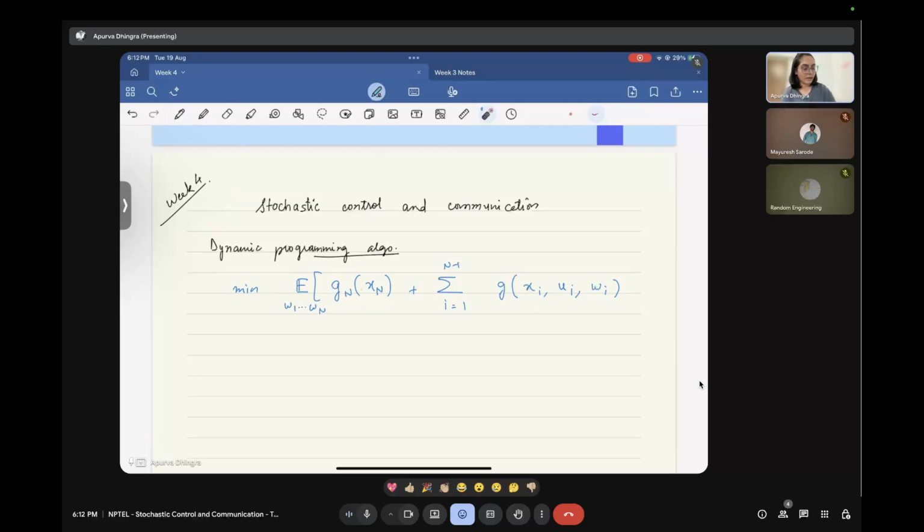Now this is minimized over the function space.